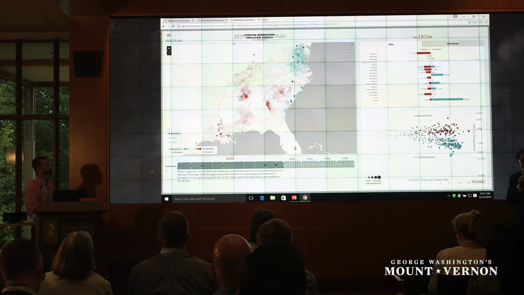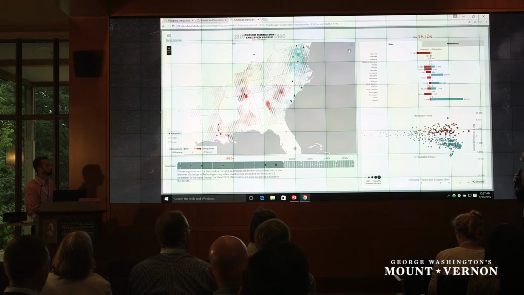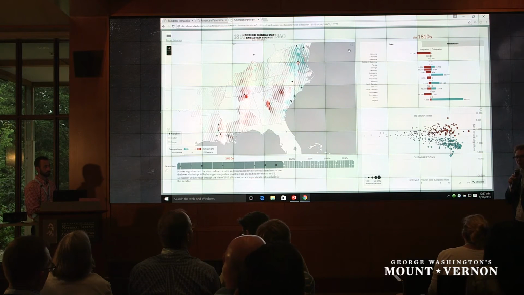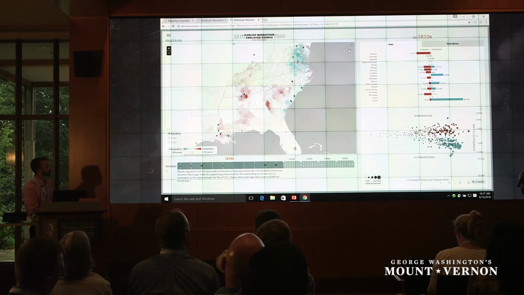There's census data about the number of enslaved people, but there's no census data about nativity, right? Because for any number of reasons, most of which were understandably, slave owners didn't want the federal government mucking with the people that they owned, right? So they were pretty resistant to collecting much information about enslaved people.